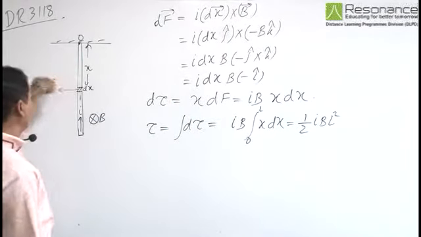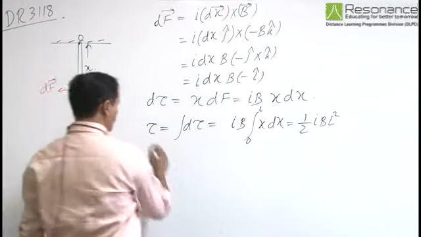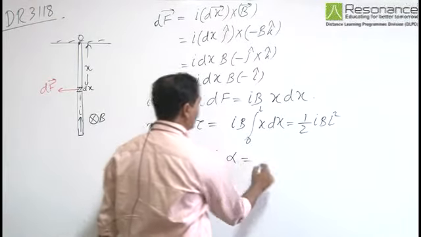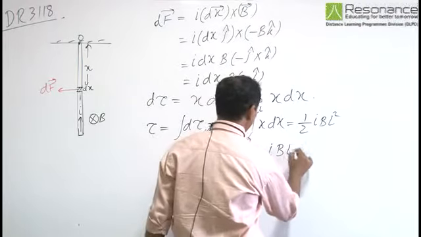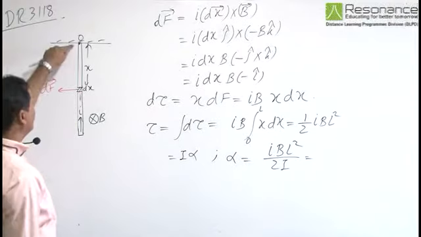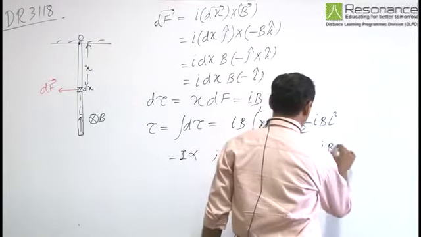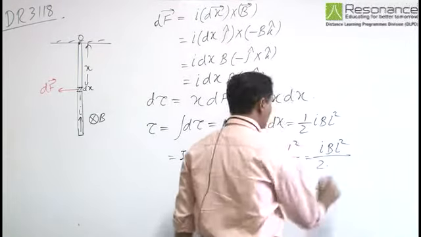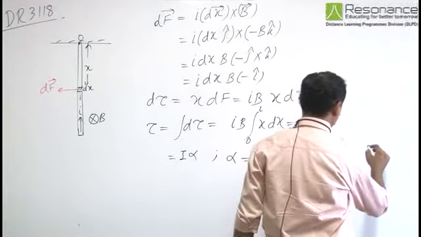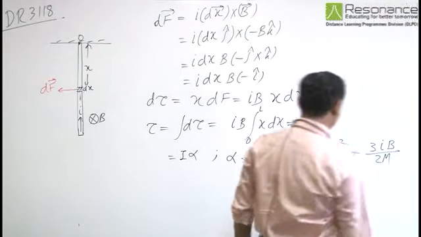Due to this torque, the rod will start rotating about the point O. So this is equal to I alpha, or the angular acceleration alpha is equal to I B L square by twice of capital I. The moment of inertia of the rod about this hinge point is M L square by 3, so alpha is equal to 3 I B by 2M.